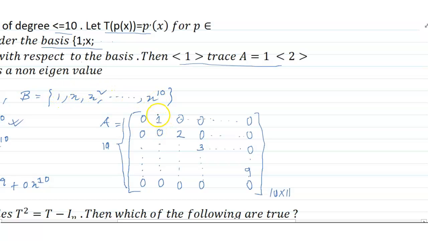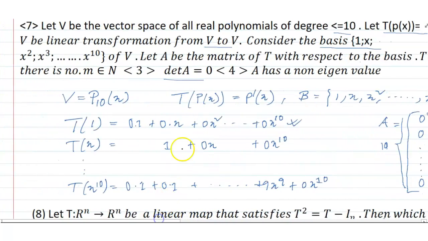So you see that this is different, and eigenvalue is 0. Eigenvalue is 0. So my determinant value is obviously 0. This portion is 100% correct.